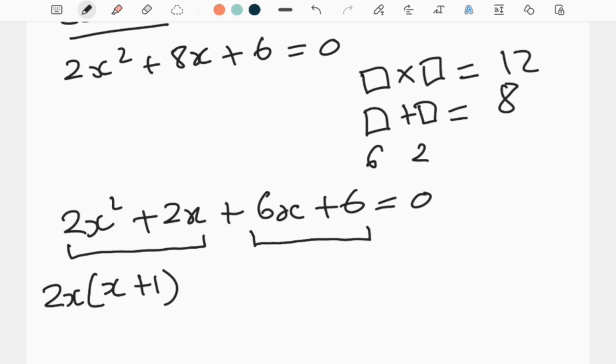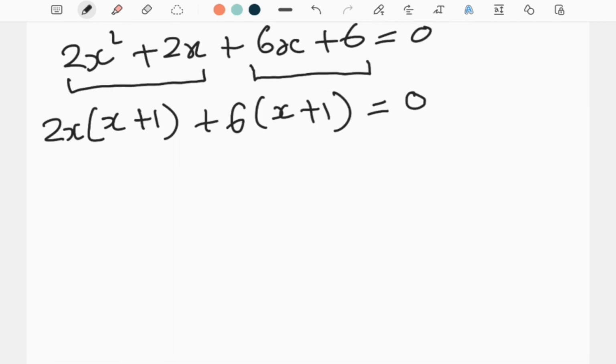And if we factorize this part, we will have, actually not 3, we will have 6 times x plus 1, equals 0.